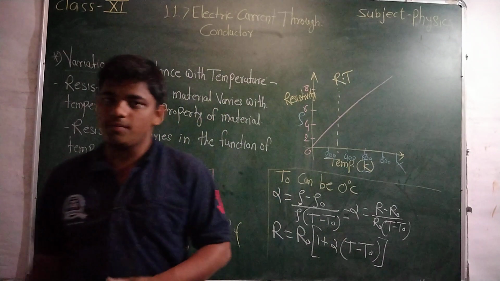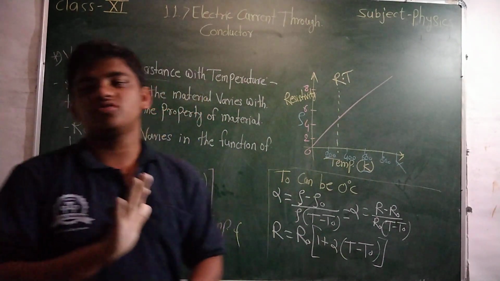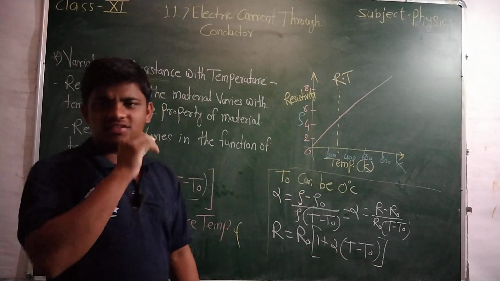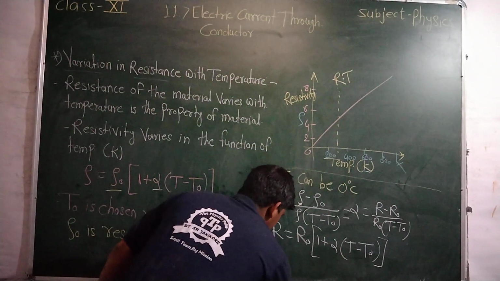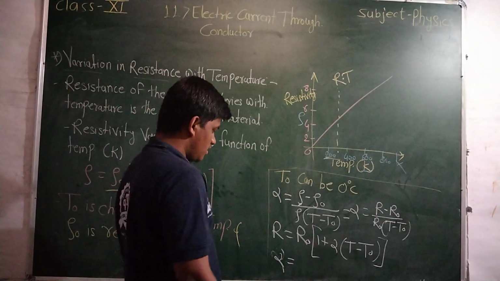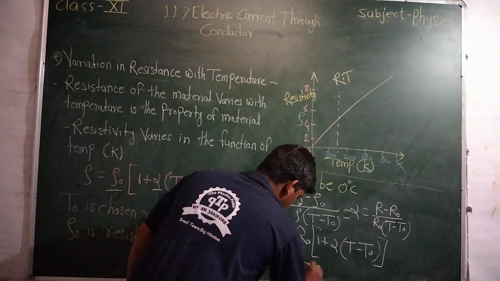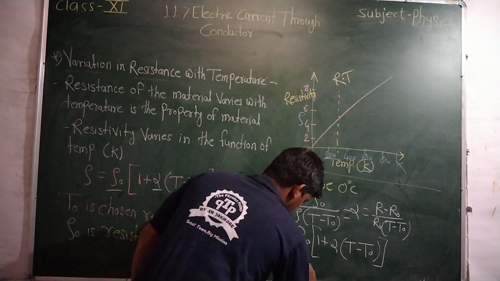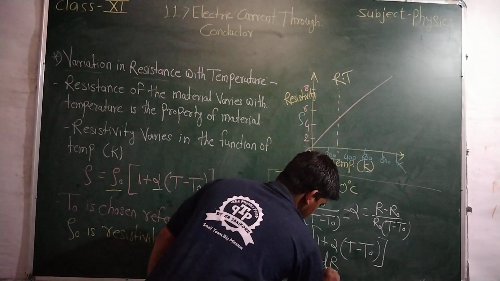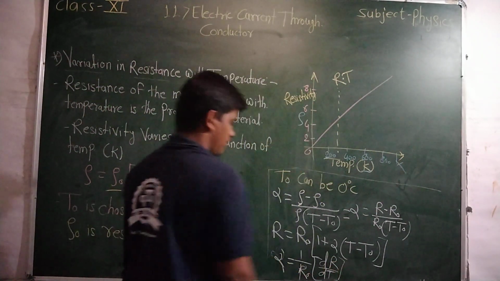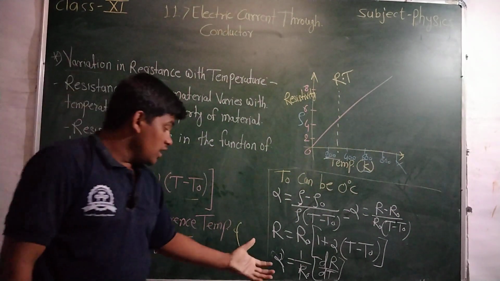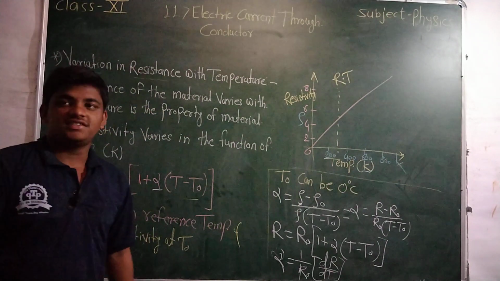For a small difference in temperature, alpha is equal to 1 upon R0 into dR by dT. This is the temperature coefficient of resistivity.